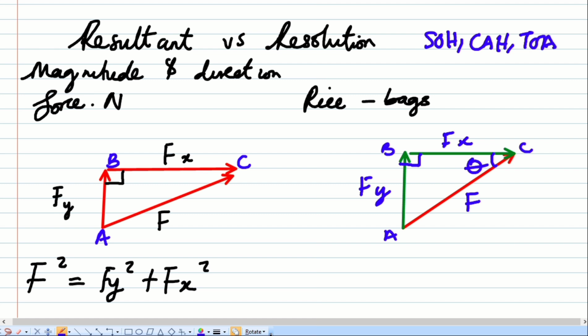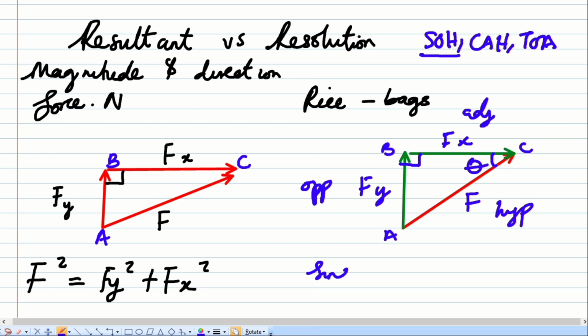Since the resultant F is the hypotenuse, Fy, you recall that Fy is the opposite side. Please, it's always important to identify the sides. Fx is the adjacent side, while F is the hypotenuse. So if you are considering Fy as opposite and F as hypotenuse, we're going to use the sine.